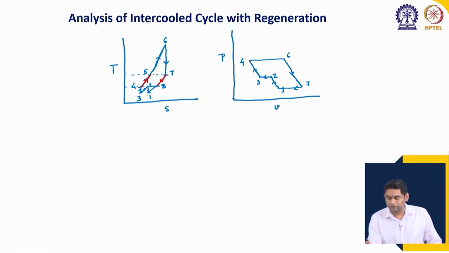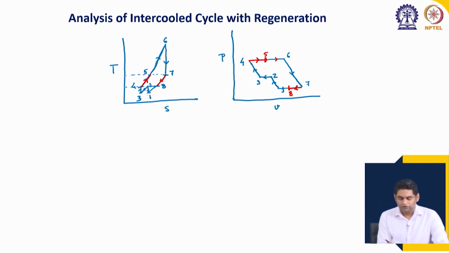So, here going from 4 to 5 is the constant pressure heat addition, and then 5 to 6 is the combustion process, and on the other side going from 7 to 8 is the constant pressure heat removal in the regenerator, and then from 8 to 1 is the heat removal to the external reservoir, which this process we have added to complete the cycle.